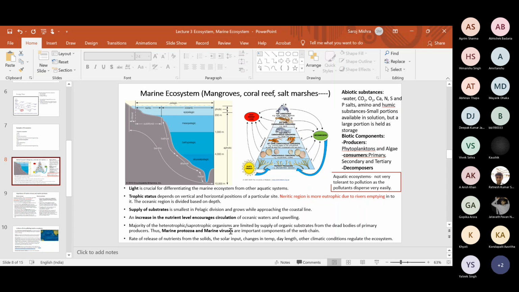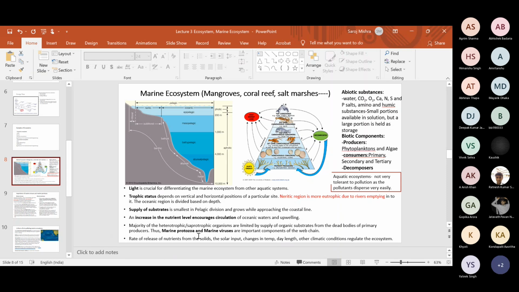These nutrients stimulate the growth of the primary producers, so more and more of these bacteria can be produced. I don't know whether what I'm saying makes sense to you, so I have another slide to explain it. I'll go back to that slide.